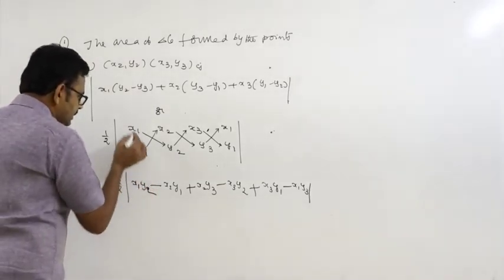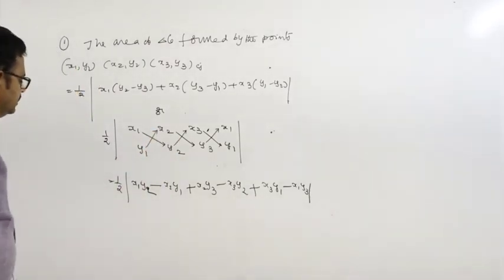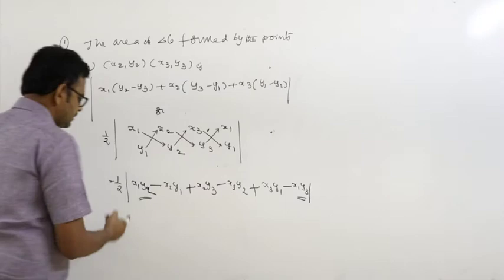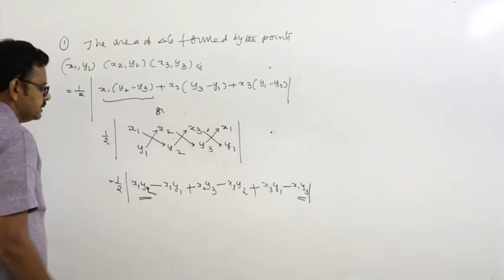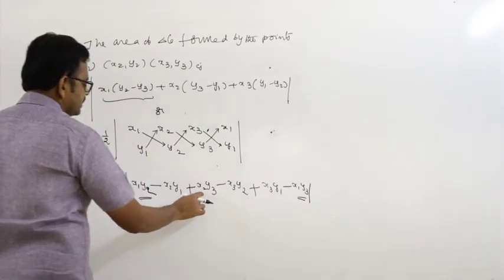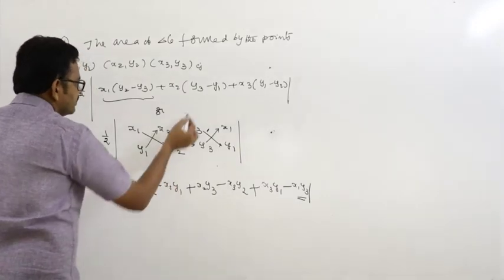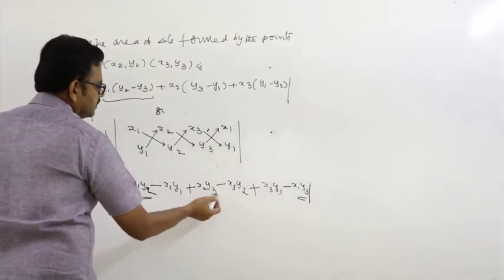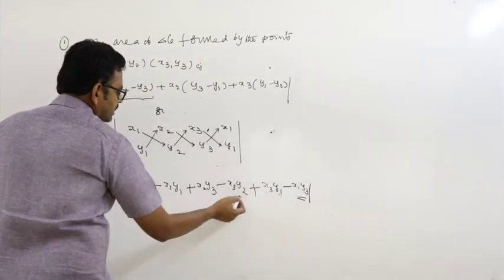If you take x1 common, then y2 minus y3, same as above. Plus, taking x2 common, this becomes y3 minus y1. Plus x3 taking common, y1 minus y2, same as above.